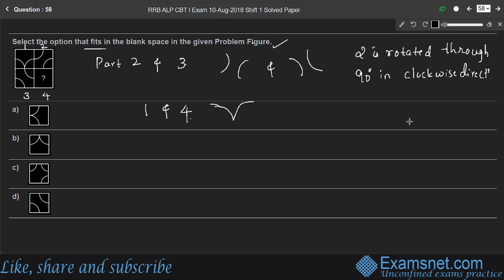When this part 1 is rotated through 90 degree in clockwise direction, you will get the figure like this.